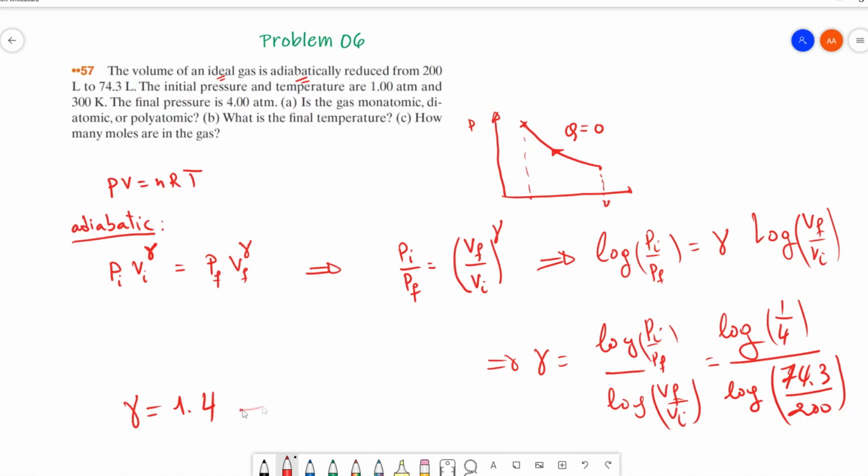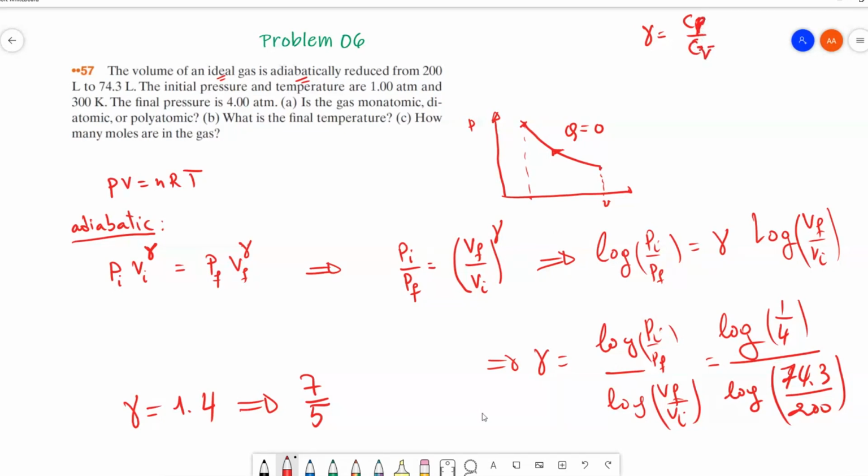1.4, if I look at the fractions, is around 7 over 5. And gamma, I will remind you, is C_P over C_V, sorry, it's larger than 1.